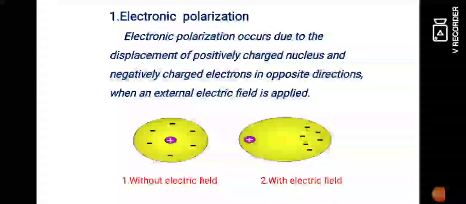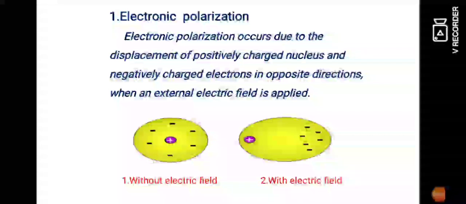Without applying the electric field, the nucleus is present at the center of the atom and all the electrons are revolving around the nucleus, as shown in figure 1. Here we see at the center of the atom the nucleus, the plus symbol, is present and the negative symbol represents the electrons. They are revolving around the nucleus.